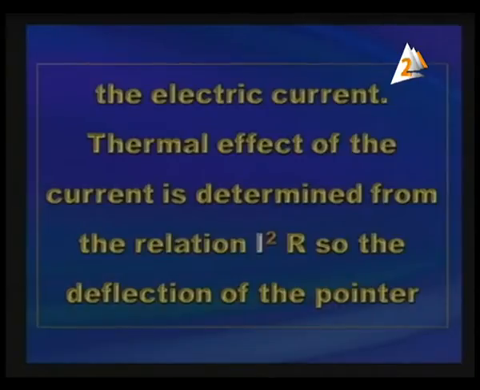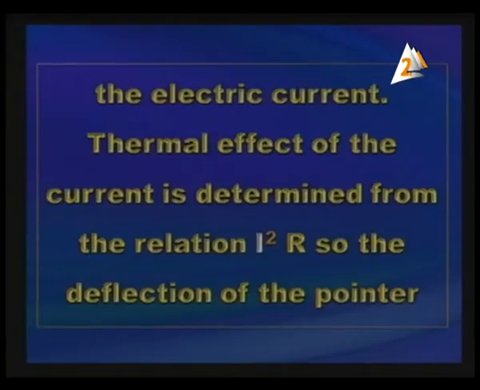And what about thermal effect? Thermal effect of the current is determined from the relation I squared R. It is the power of the wire, its power to convert electricity into heat, and it is determined by the relation I squared R.